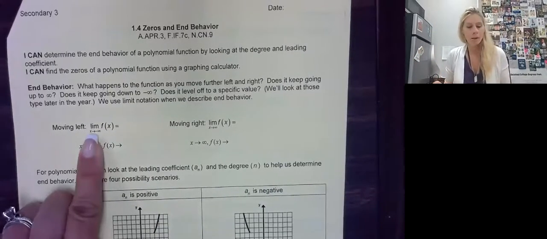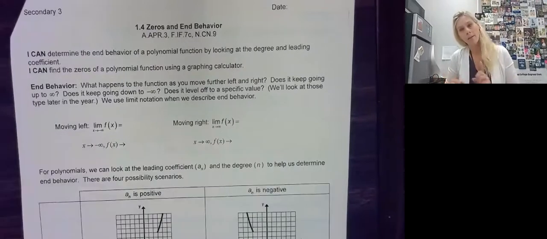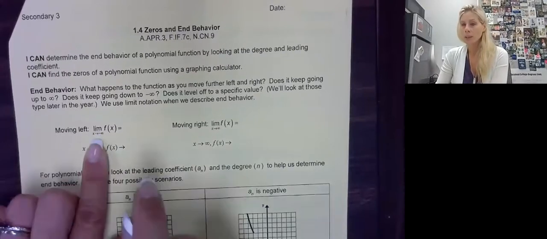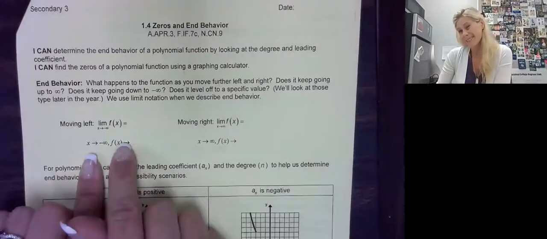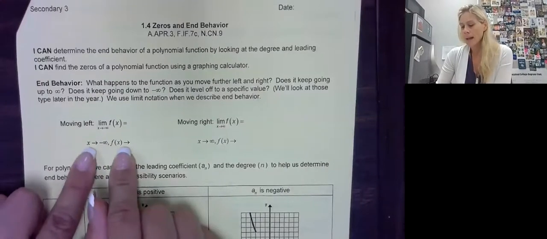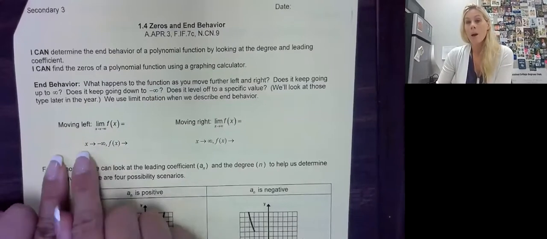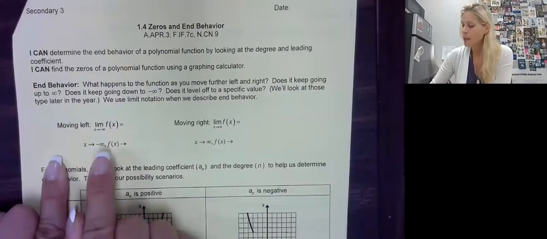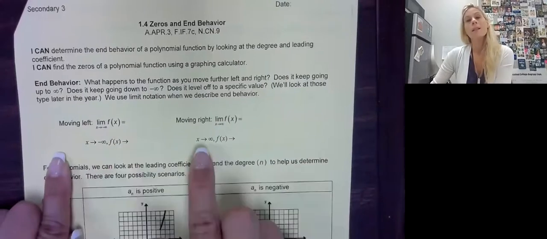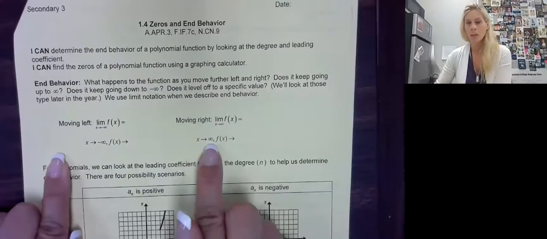Now, some of your practice goes back and forth between limit notation, but if we don't use limit notation, this is exactly what you're going to see. It's kind of like the same thing, just without the LIM, right? As x approaches negative infinity, where does that y value go? As x approaches infinity, where does that y value go?